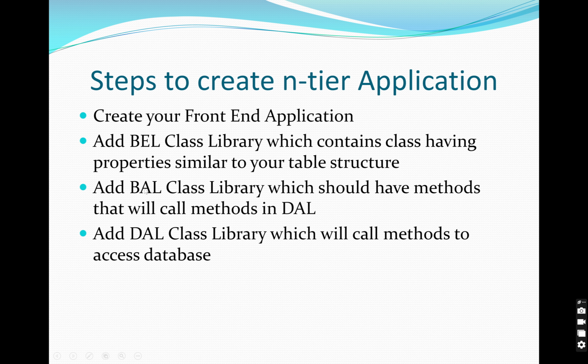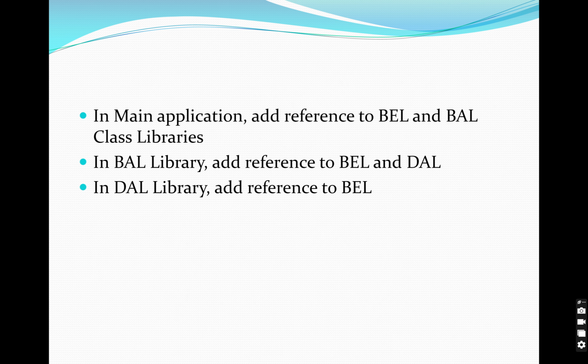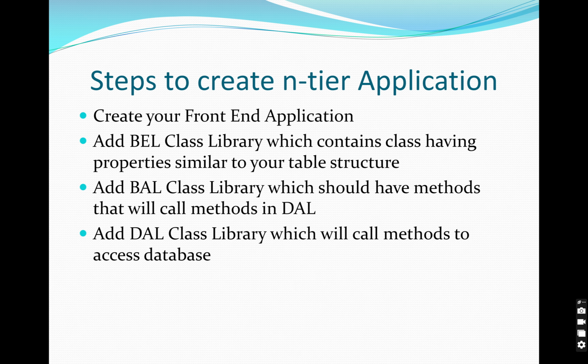This is business logic layer, which contains the methods, and those methods will call methods of the data access layer. Data access layer library will call the methods to the database directly. Okay, so these steps are there. Now we will see the steps one by one in the demo also in MVC application for the same.